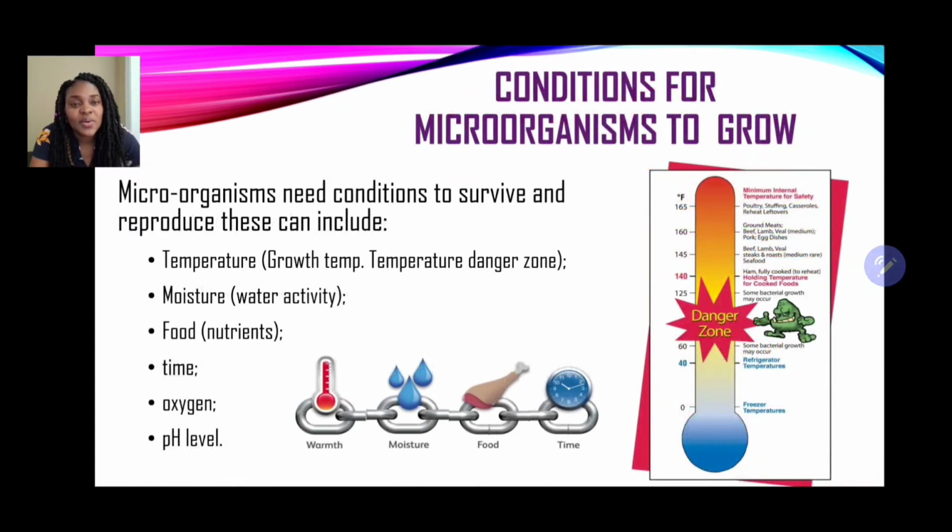All right. Now, let us look at the conditions that are necessary for microorganisms to grow. Microorganisms need conditions to survive and reproduce, and these include temperature. When there's an ideal temperature for microorganisms to reproduce, we speak of the temperature danger zone, which is room temperature, where they reproduce rapidly.